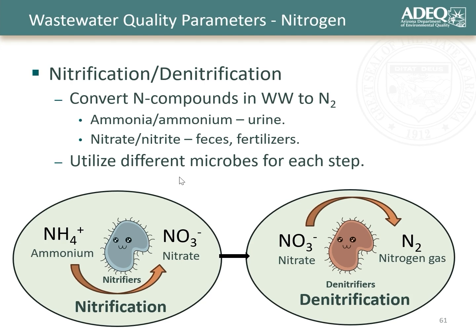And then if your system is set up for this, if you have a denitrification zone, there are a set of bacteria called denitrifiers that will take that nitrate and convert it to nitrogen gas. At that point, the nitrogen gas will be removed by volatilization. But each of these are different bacteria. They require very different environments, which will be discussed in the secondary treatment process portion of this presentation.